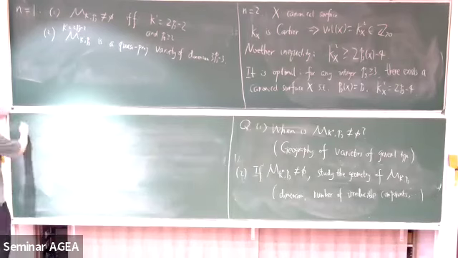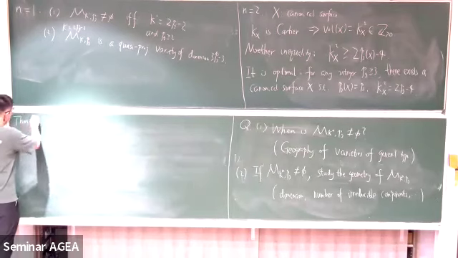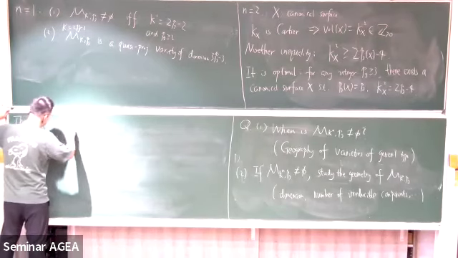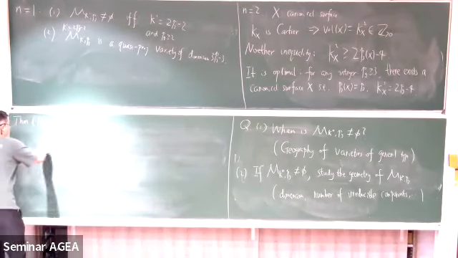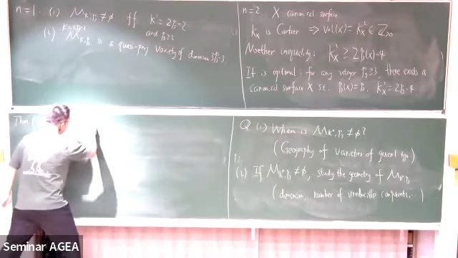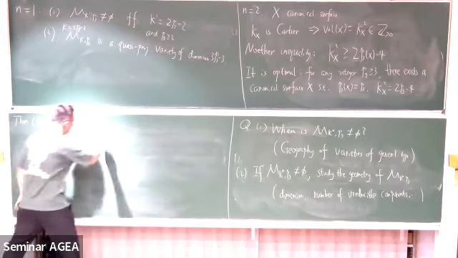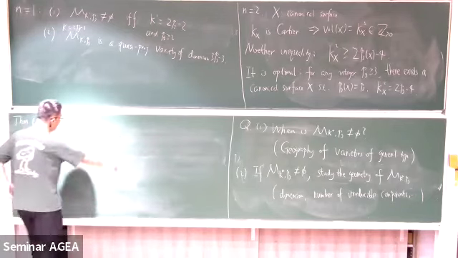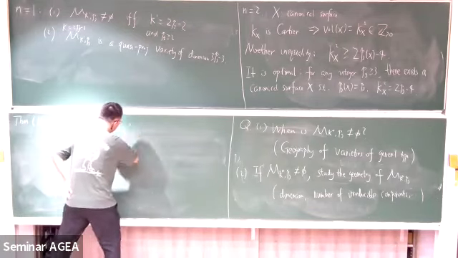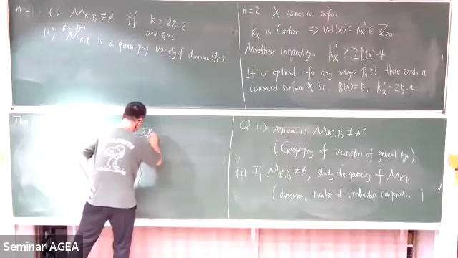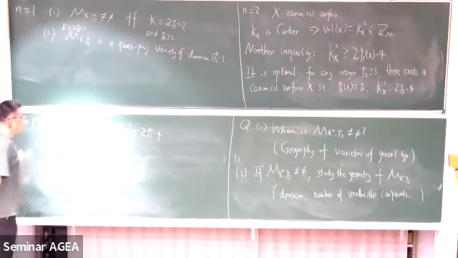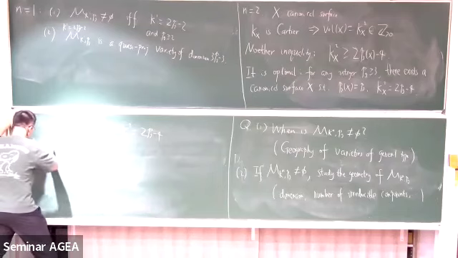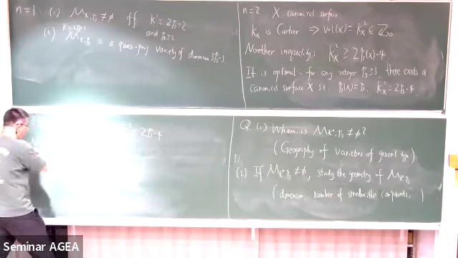Horikawa proved that, now we fix p_g larger than or equal to 3, a positive integer, and K^2 is just 2p_g minus 4. We know that the moduli space M_{K^2,p_g} is not empty.